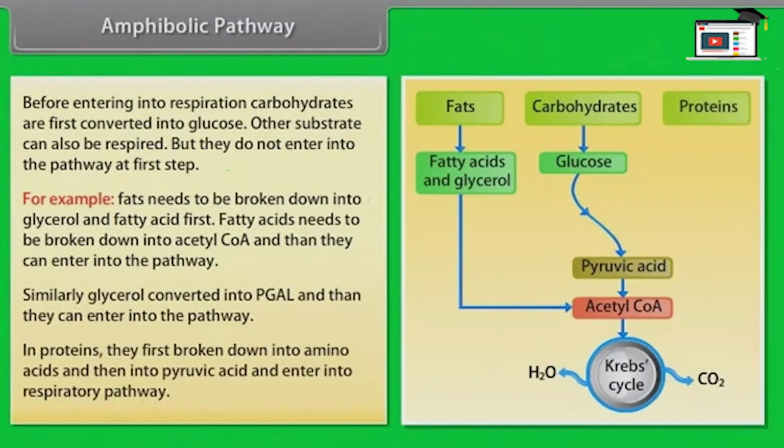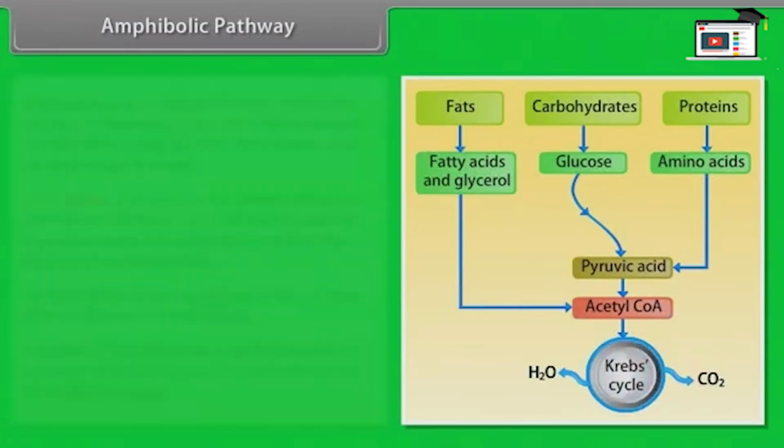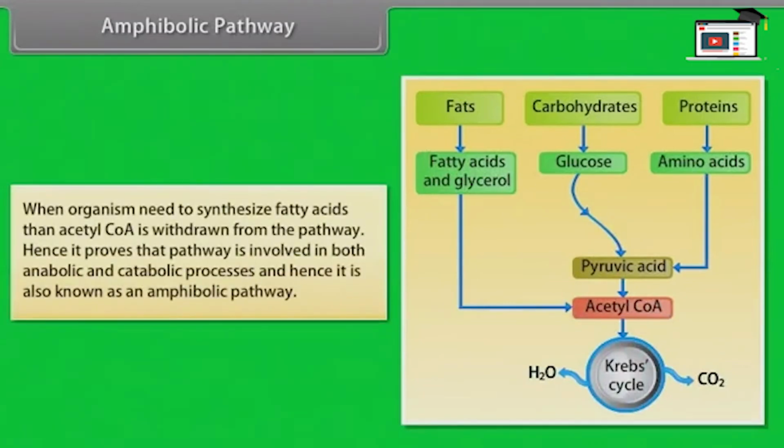Proteins first break down into amino acids and then into pyruvic acid and enter into the respiratory pathway. When the organism needs to synthesize fatty acids, then acetyl CoA is withdrawn from the pathway. Hence, it proves that the pathway is involved in both anabolic and catabolic processes, and hence it is also known as an amphibolic pathway. Respiratory quotient.